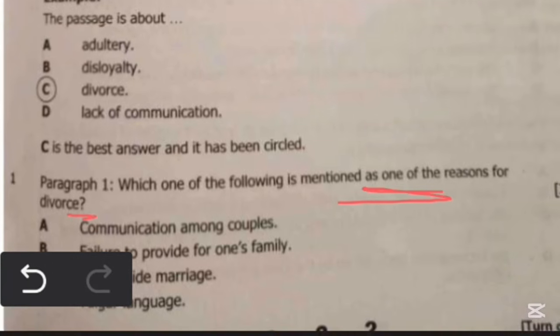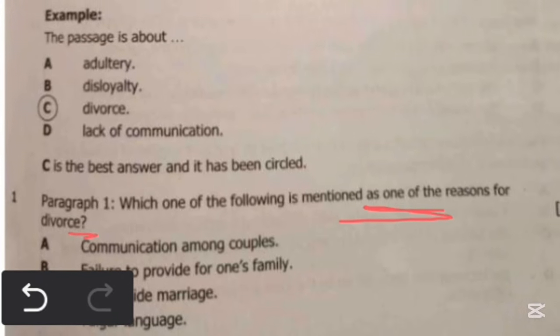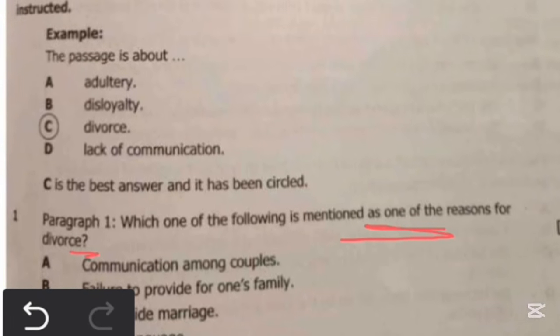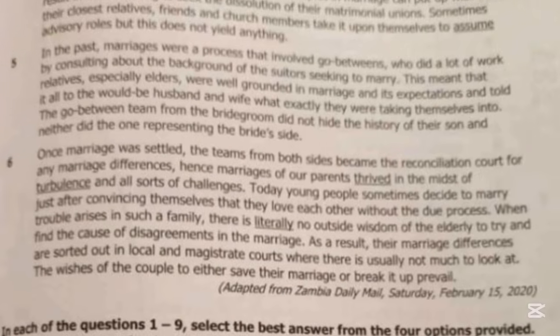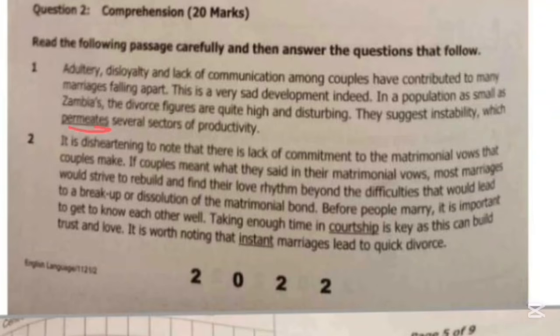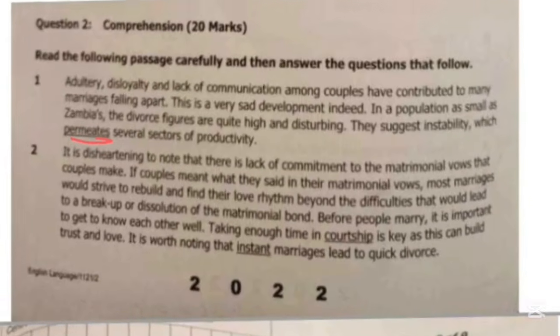So again, let's go back to paragraph 1. Adultery, disloyalty, and lack of communication among couples have contributed to many marriages falling apart. So these three are what? Reasons for divorce.